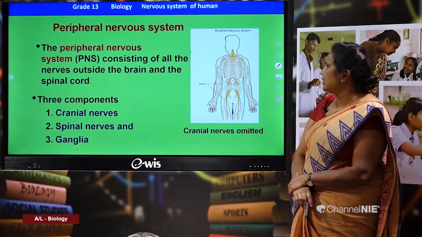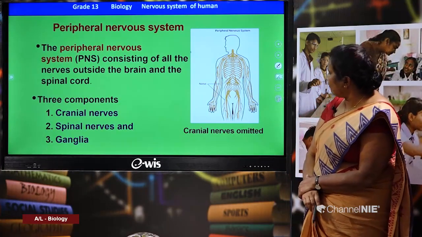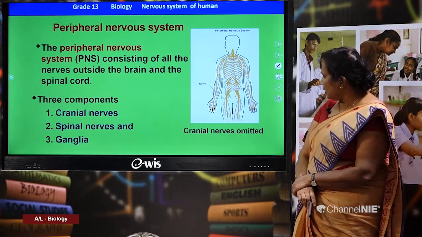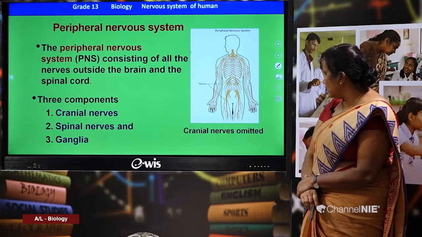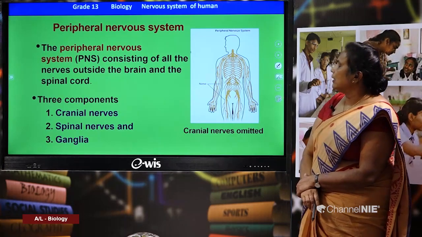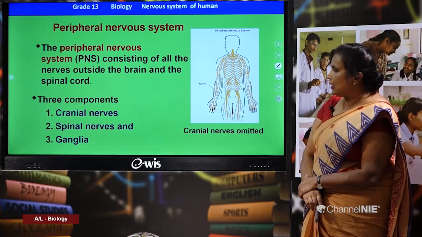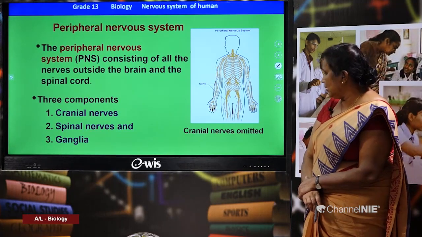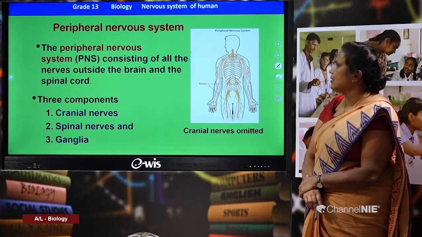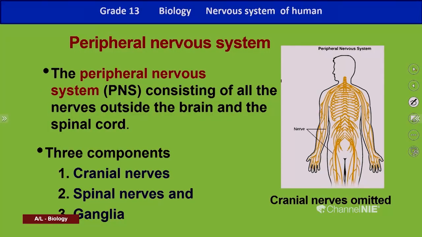For the peripheral nervous system, I have given you a diagram without cranial nerves. Cranial nerves are also included in the peripheral nervous system, but here what I have shown is spinal nerves and the ganglia.